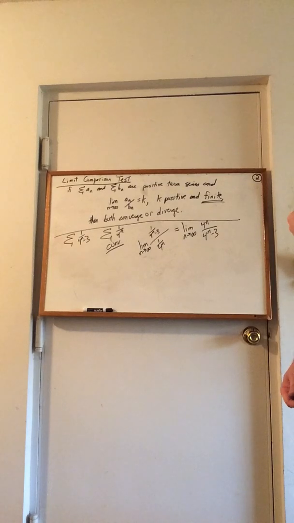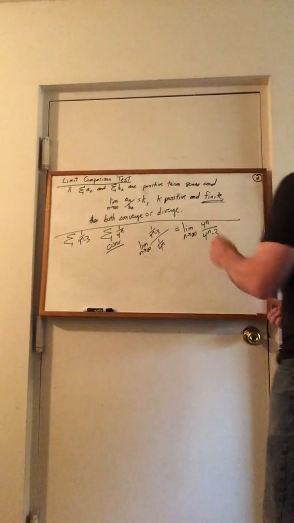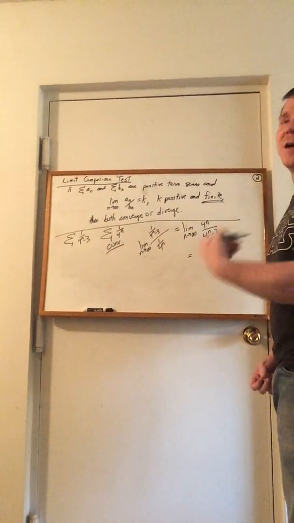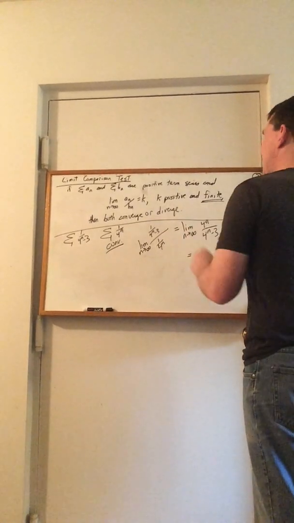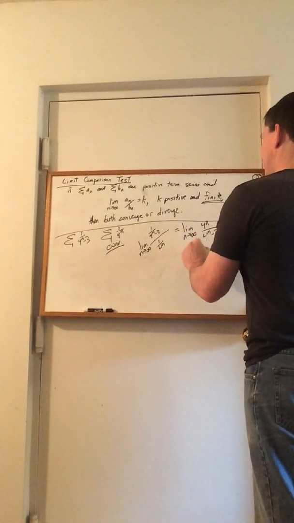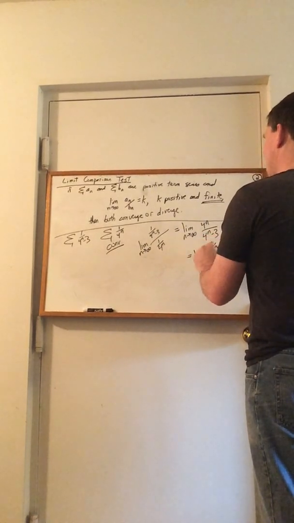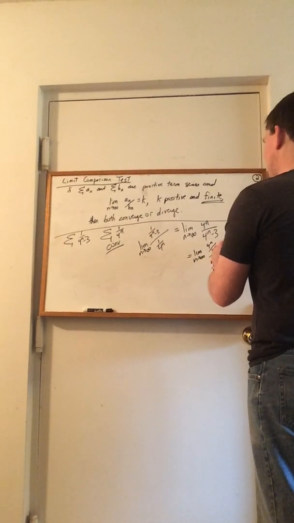Now there's probably different ways you could actually solve this. You could use L'Hopital. You can use 100 different ways. To make it really easy, I'm going to do a similar trick to the trick you all know from polynomial rational functions. Divide everything by 4 to the n. You get the limit as n approaches infinity of 4 to the n over 4 to the n over 4 to the n over 4 to the n minus 3 over 4 to the n.